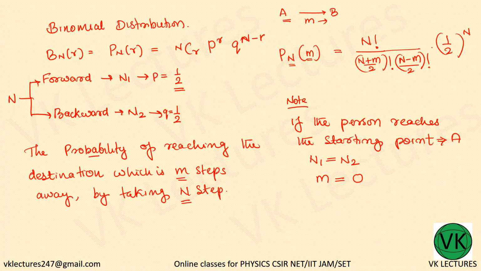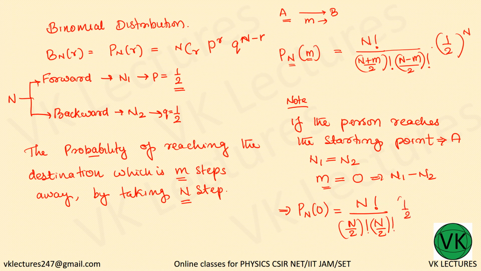That means the effective steps n1 minus n2 is 0, so he is not reaching any other point. So if that is the case, the probability will be Pn of 0, which is equal to n factorial by n by 2 factorial into n by 2 factorial into 1 by 2 whole to the power n.